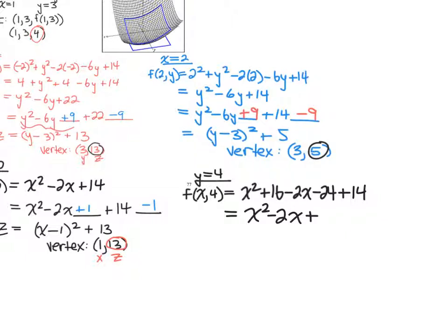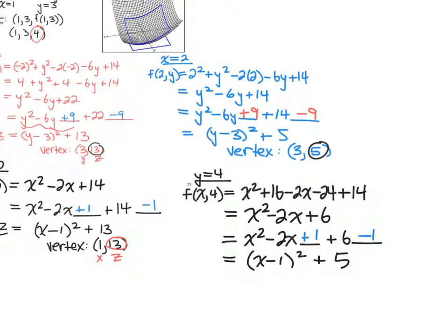So 6. So it's still plus 1 minus 1. X minus 1 squared plus 5. So same deal as the other bound. Vertex 1 comma 5. But it goes as low as 5, but no, it doesn't quite get to the 4.